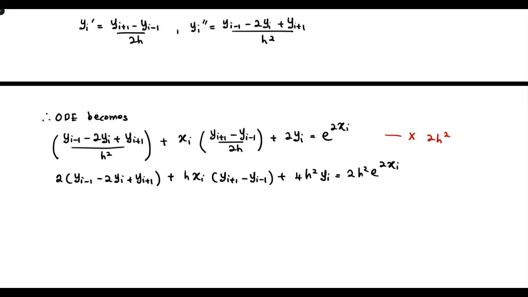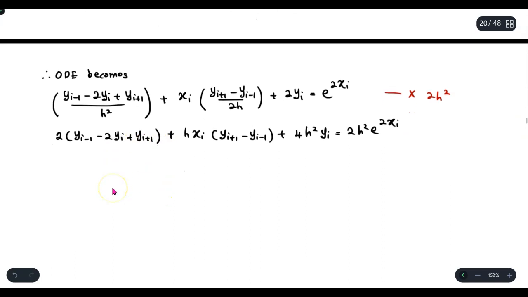Then you can see you have a few terms of y_(i-1). You have here y_(i-1), this is another y_(i-1), as well as y_i here, this is another y_i, and also y_(i+1). So it means we can factor out the same terms so that we get a shorter expression. If we take out y_(i-1), then in the bracket you are going to have 2 minus h x_i.